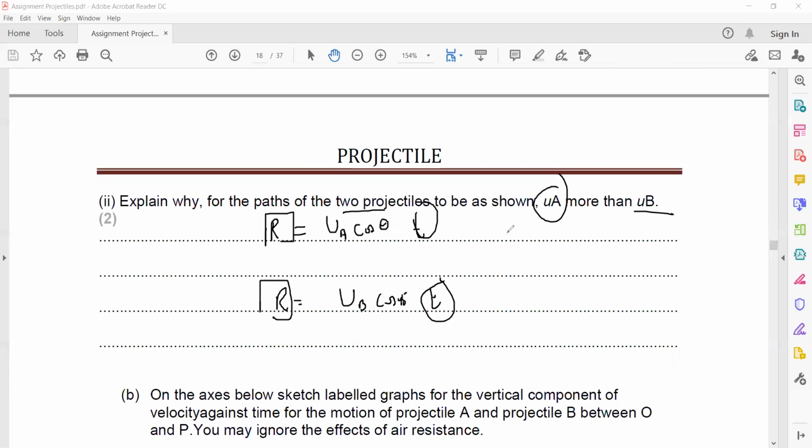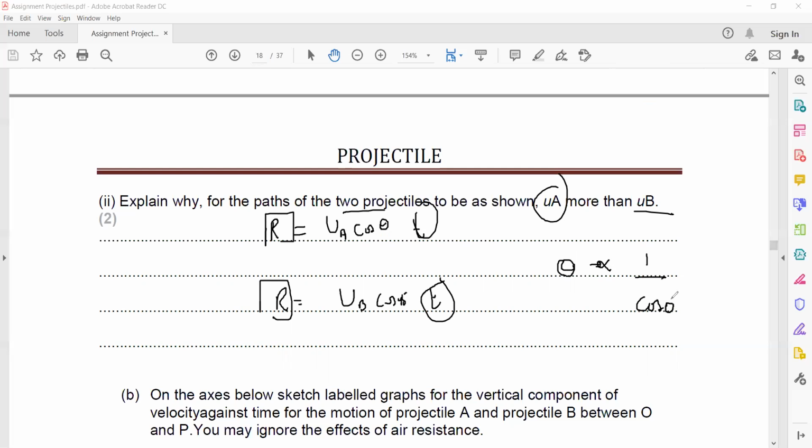So why? Because the launching angle of UA is more. If the launching angle is more, the horizontal speed changes, because cos 0 is maximum and cos 90 is 0. So when the value of theta increases, the value of cos theta decreases. The relation between theta and cos theta is inverse.